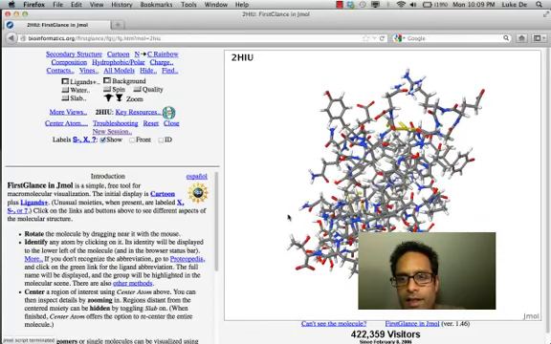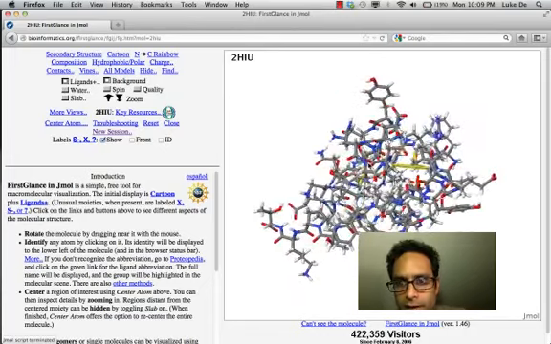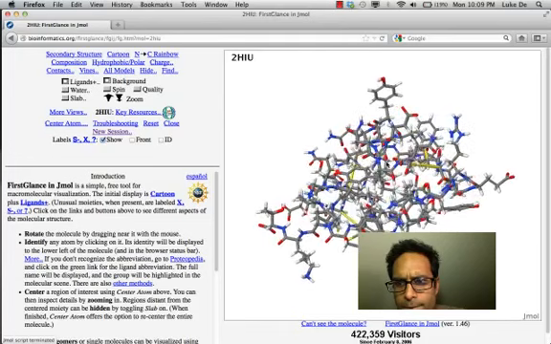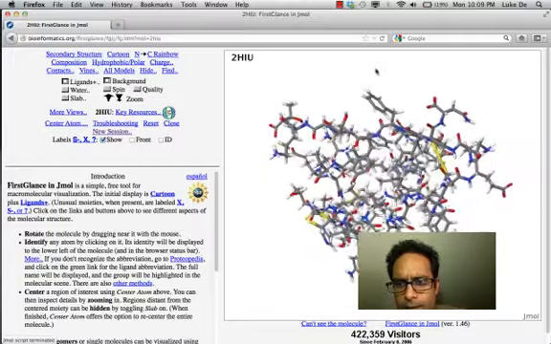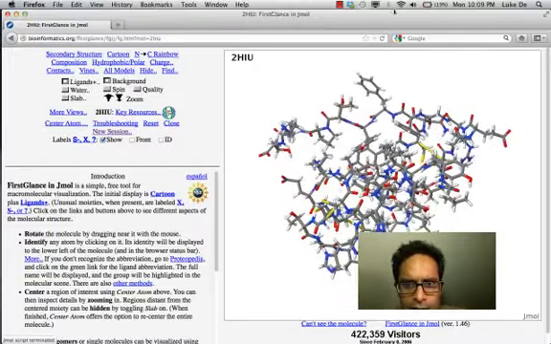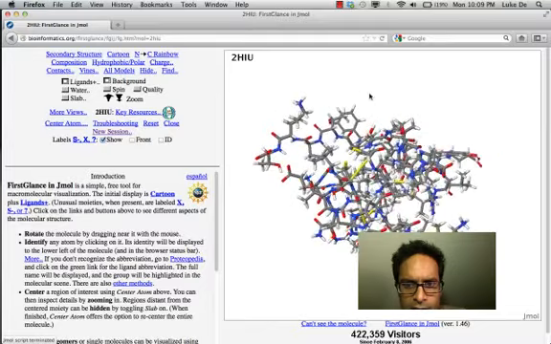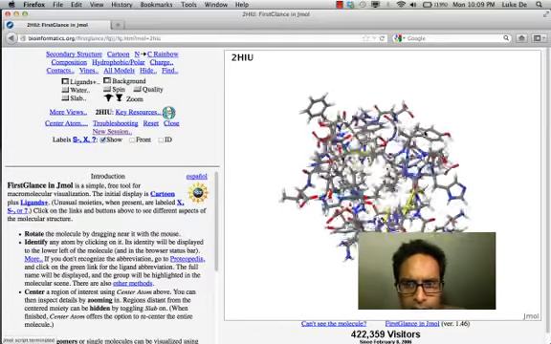You'll see blue, carbon. Okay, let's see if we get a better image of that. You're going to see long chains of blue and red with a carbon in the middle of them.